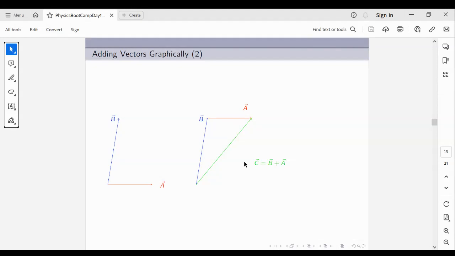You'll see that a plus b is b plus a if you also do it the other way. This sort of makes sense. If you want to think about this physically, if someone's pulling on you from above you and someone's pulling on you from the side of you, you're going to go somewhere in the middle.